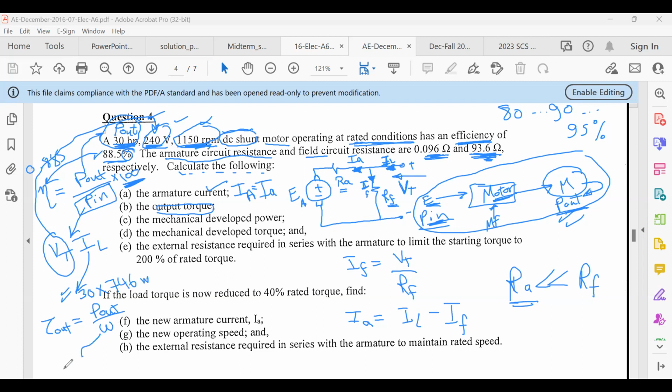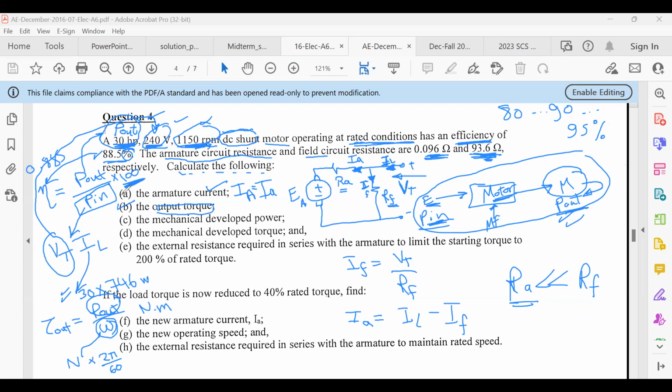Omega is the speed of rotation. It's N, the RPM, but you have to multiply by 2 pi over 60, because this one is in radian per second. This one must be in watt to get the torque in Newton meter. This is the output torque.